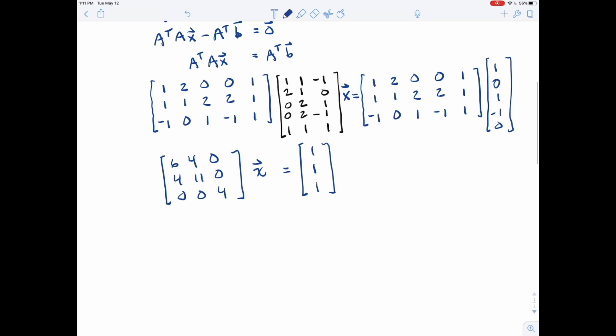All right, so now it just comes down to, we can find that solution by reducing the augmented matrix.